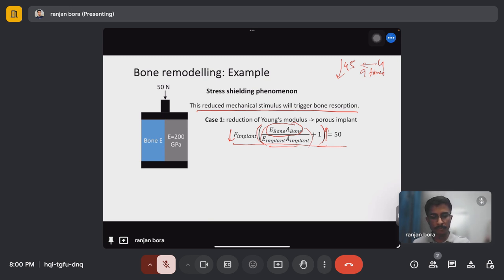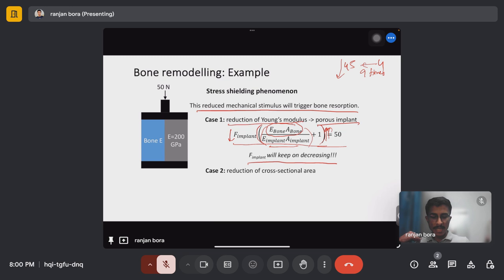So if we reduce the denominator term, then this term will increase, and so ultimately the force in the implant will be reduced. If we reduce the Young's modulus of the implant, then it is known as the porous implant. And in case 2, after doing that, F implant will keep on decreasing.